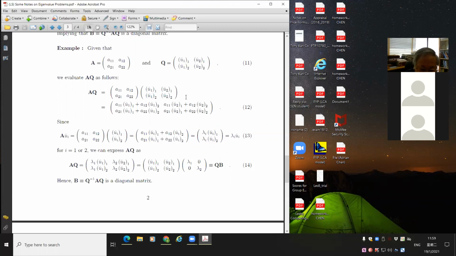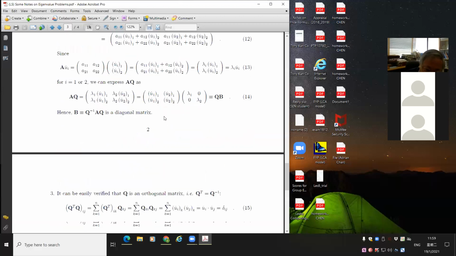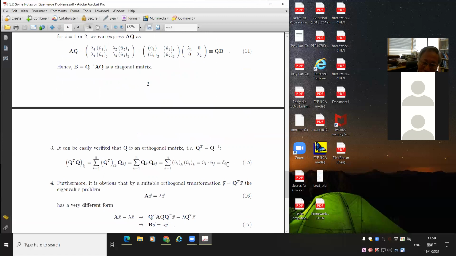Of course, that is equal to what? 1. If we take the first row vector, that is the first eigenvector, dot into the second column vector of Q. The second column vector of Q is the second eigenvector, right? First eigenvector dot into the second eigenvector, of course we get 0. So automatically we have a diagonal matrix, which is actually the identity matrix.